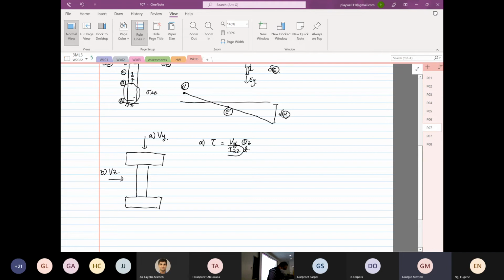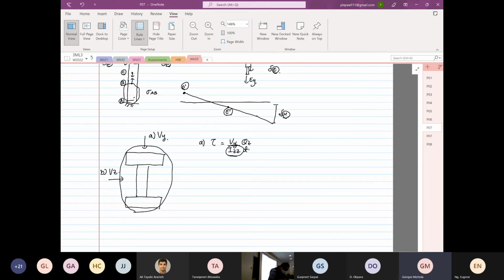The Izz, you take the whole structure. You don't divide into half. I never taught you to divide this into half. The only thing you divide into half is your first moment of area, not the second moment of area.